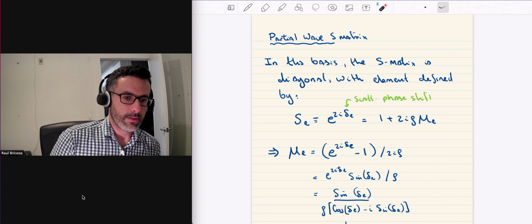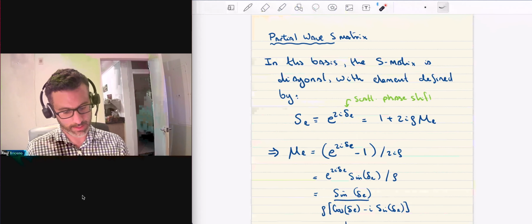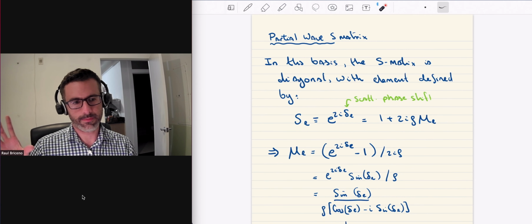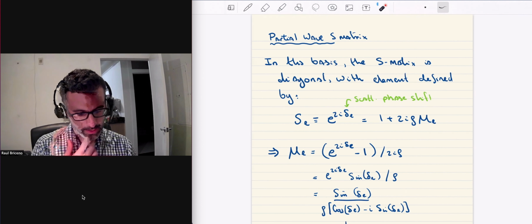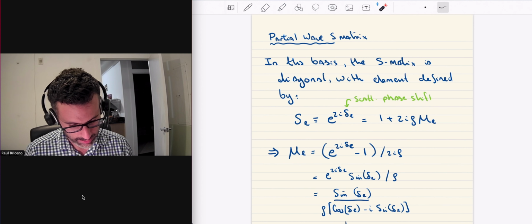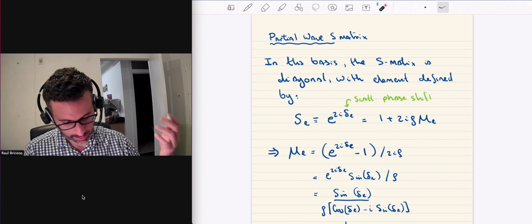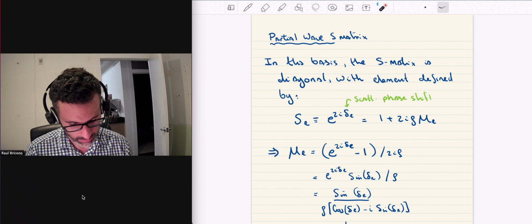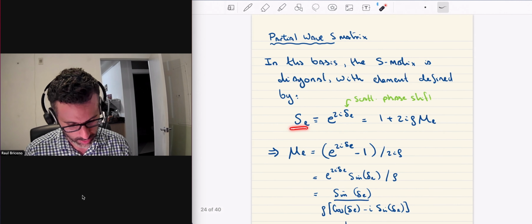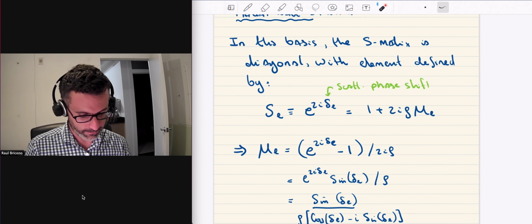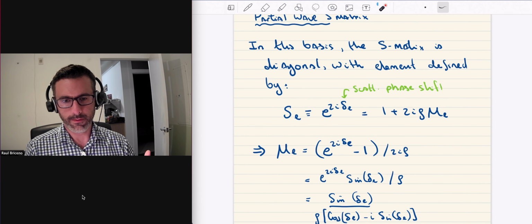Sometimes we'll want to rewrite the unitarity condition of the S matrix by introducing a scattering phase shift, right? And so the partial wave projected S matrix we can write in terms of a single phase, which is the scattering phase shift, right? So if the particles don't interact, the phase shift would be exactly 0, and this would just be 1, consistent with our intuition for the S matrix, right?